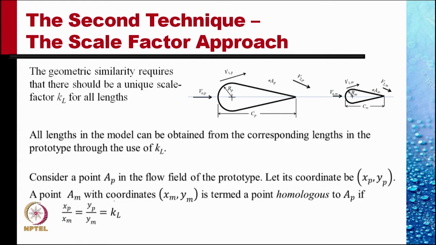All lengths in the model can then be obtained from the corresponding lengths in the prototype through the use of KL. Next, we introduce the concept of homologous points.